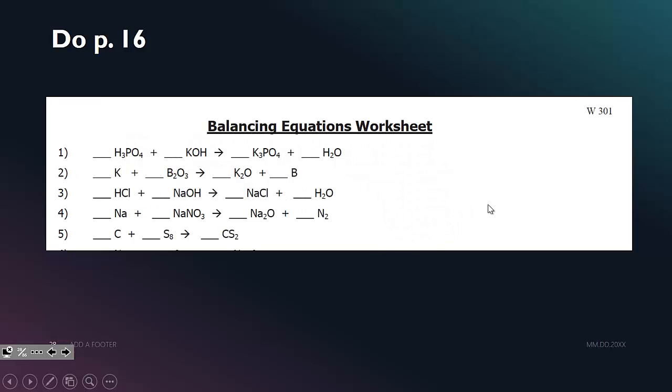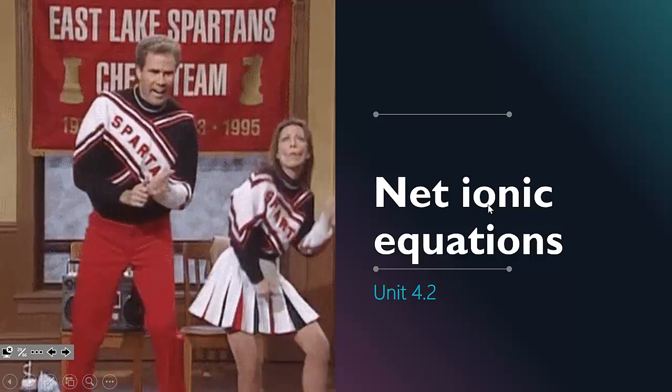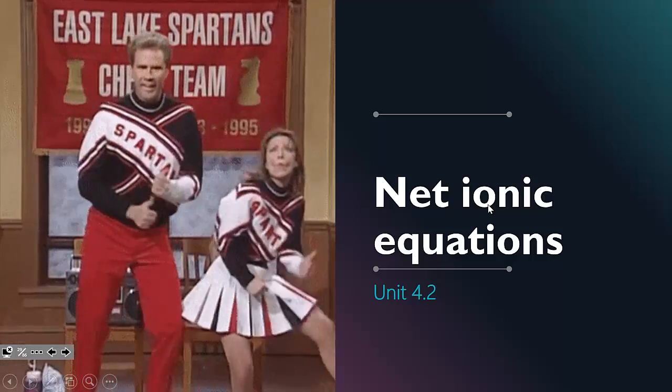No matter what though, please practice balancing, and if you are mystified, if you get to the last one and still are struggling, having to look things up, I suggest you go online and look for more practice, because you absolutely must know how to balance in order to do net ionic equations and later stoichiometry.